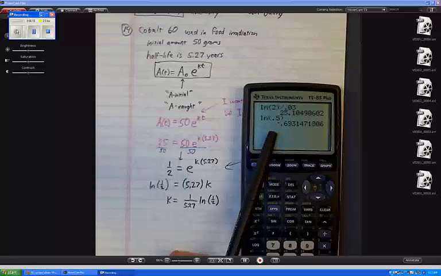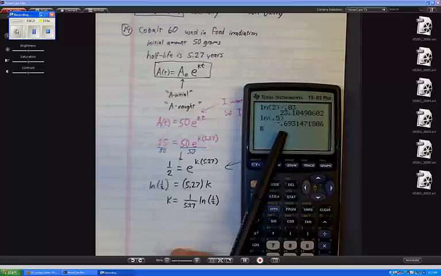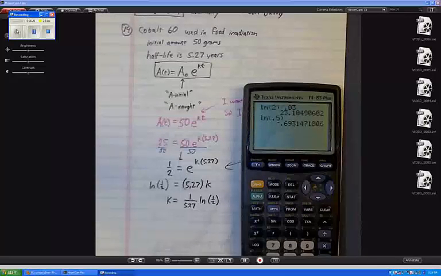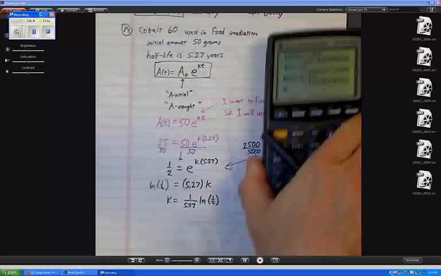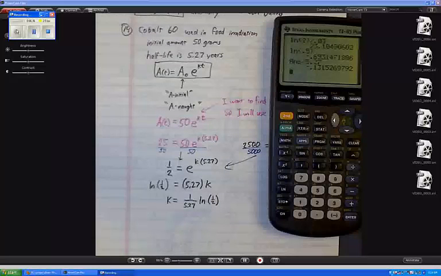If you're taking the natural log of something less than 1, but you can only take the natural log of things greater than what? 0. So between 0 and 1, you get a negative. At 1, we get 0. And greater than 1, we get something positive. So that's good to know. Okay, and then what do I have to do? I want to divide by 5.27. And so I get negative 0.13 for k.